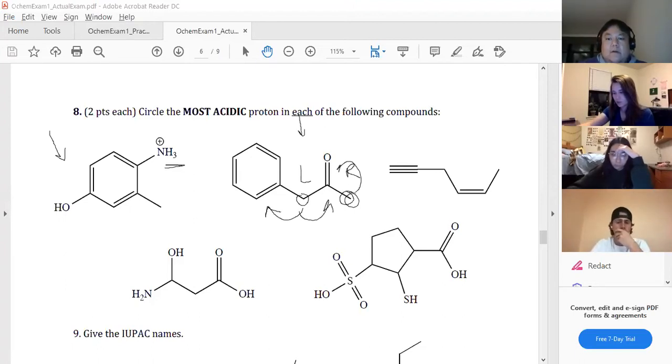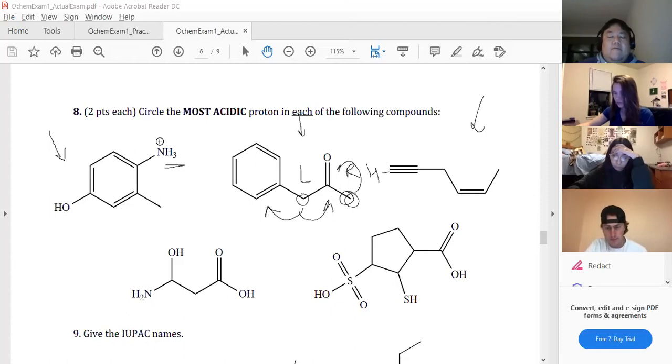For my next one, which proton is going to be the most acidic? When I did it, I put the H that's attached to the triple bond just because that's on the pKa chart we have. Yep.